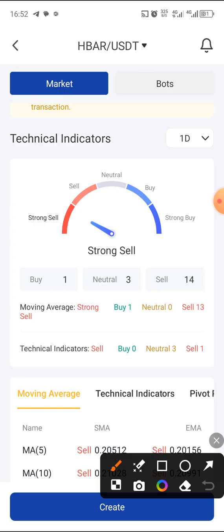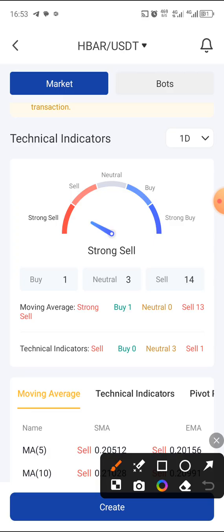Like Royal Chu brings coins that are good to trade. In fact, all of them, I must say, are good to trade depending on when you have entered that coin.